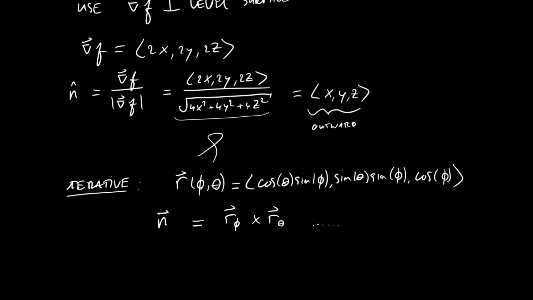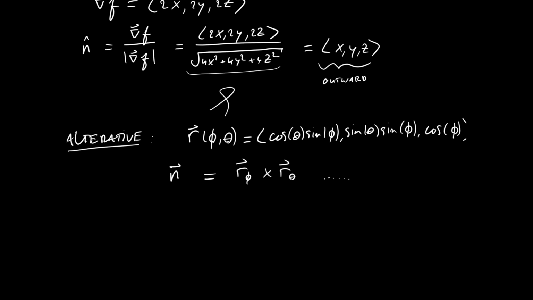On the other hand, we can also use an alternative parameterization. One way many of you might like to do it is by parameterizing the surface as a function of x and y. That's a little bit tricky, because x and y are not good parameters for the entire sphere, right? You can use x and y to parameterize the upper half of the sphere or the lower half, but not both at the same time.